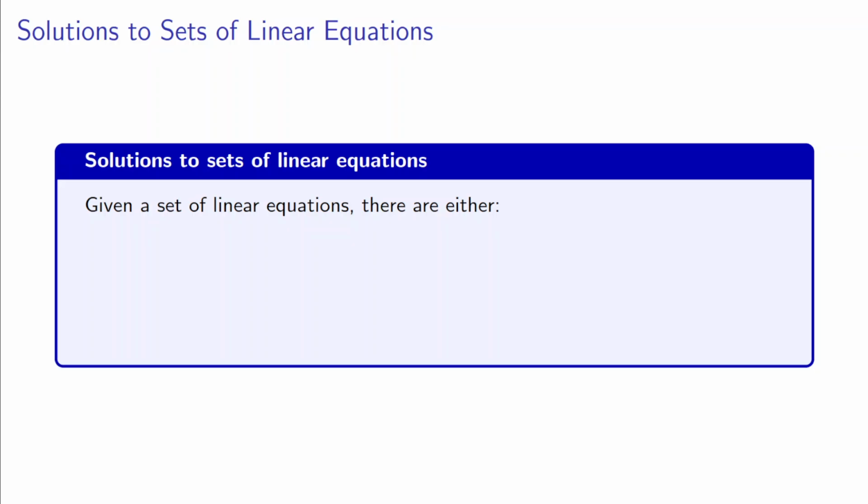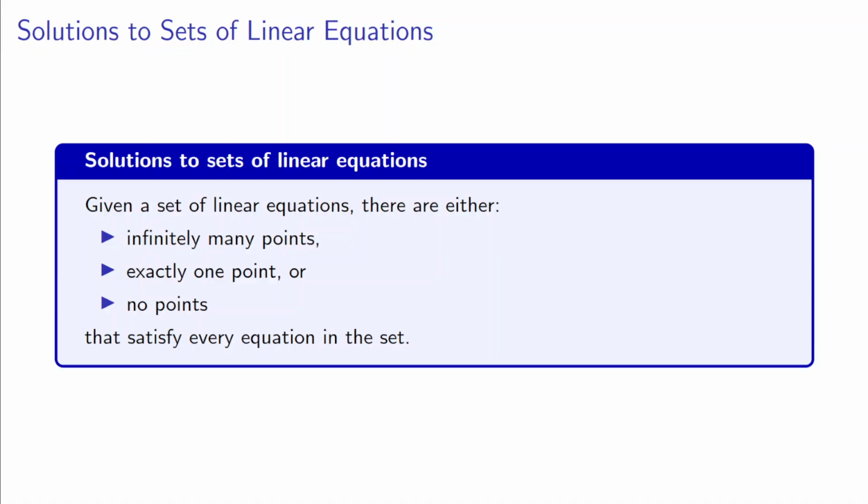So summarizing everything we saw in those previous examples, if we're looking for solution sets to linear equations, at least based on these three examples, given a set of linear equations, there are either infinitely many points, exactly one point, or no points that satisfy every equation in the set.